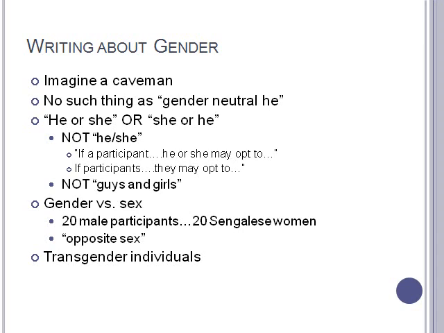If this is causing them anxiety, distress, and dysfunction, it would meet criteria for the DSM diagnosis of gender identity disorder. But if it doesn't cause them distress and dysfunction, then it's not a disorder. They're just transgender: I was born looking like a man, but I feel like a woman, or I was born looking like a woman, but I feel like a man. So it includes those individuals.